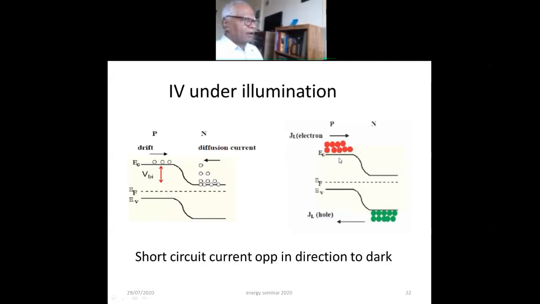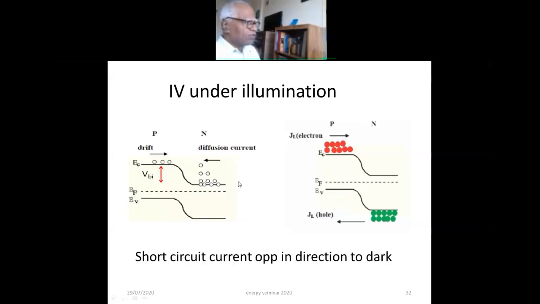The advantage with light is, here I have schematically shown 3 electrons. When I shine light, I can increase the number of electrons. Let us say in the background there were 10 to the 4 electrons. I can increase it by shining light to 10 to the 10. Now the doping can be 10 to the 16, so for every electron, if I create a hole, it's 10 to the 16 plus 10 to the 10, so the number of holes has not changed.